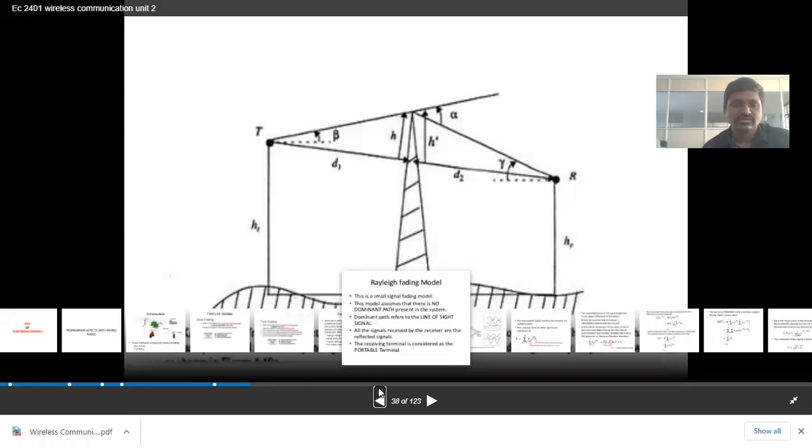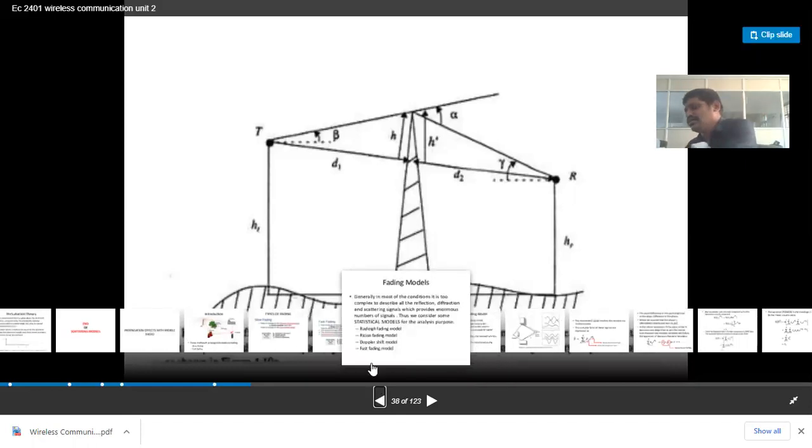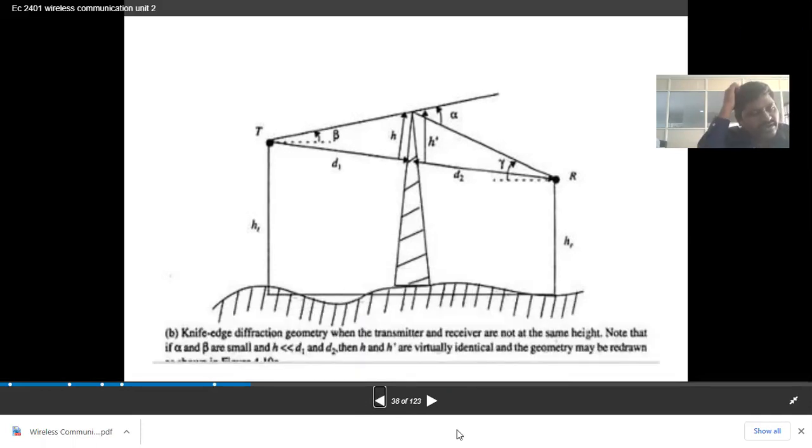This is about the knife edge diffraction model, which can estimate signal attenuation caused by the diffraction of radio waves. The knife edge is also called a half plane.